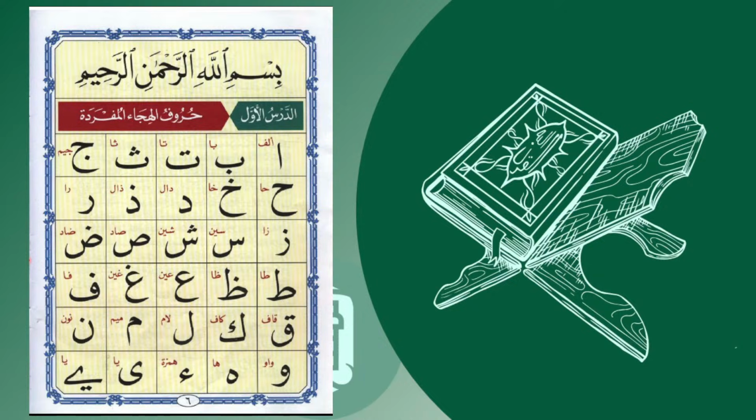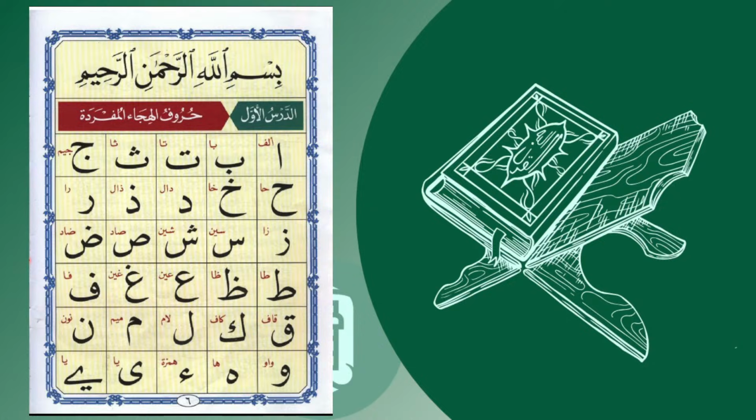Now, describing each letter based on what it is doing with the baseline, with the satr. The Ha does the same thing as Jim does. Its semicircle cuts below that baseline, but it has no dots, as opposed to Jim that has a dot inside that semicircle.